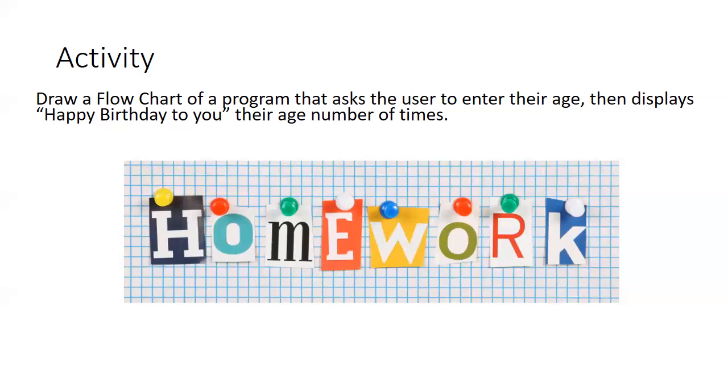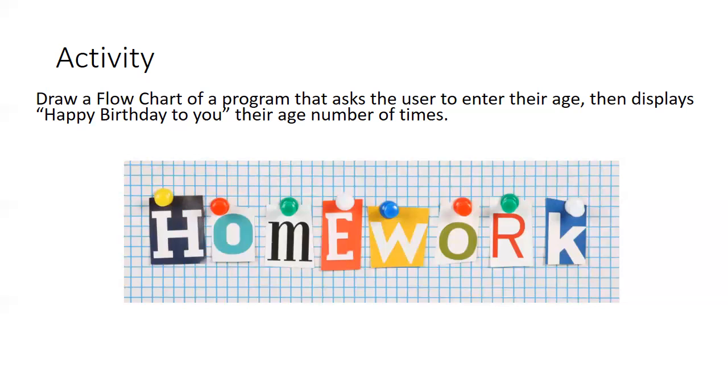So that's an increment. And then I have to test. And so what I'm going to test is, is the counter still less than the age? And if it is, sorry, that's a bad looking diamond. That's supposed to be a diamond. So if it is, then that's a yes.